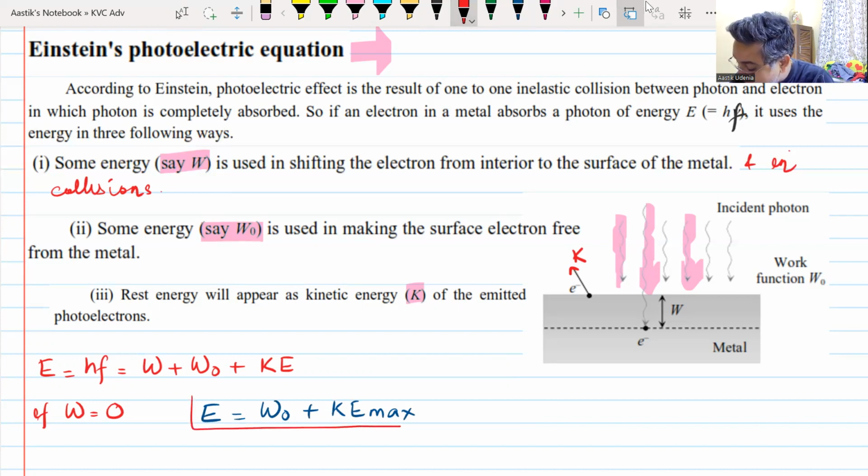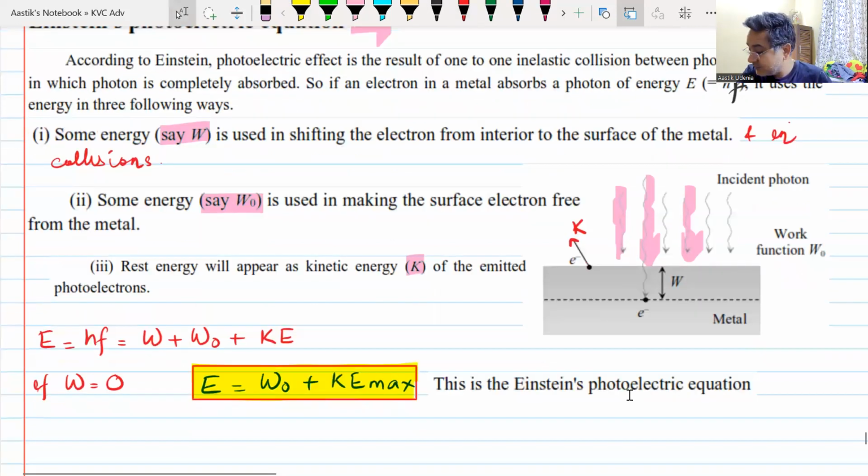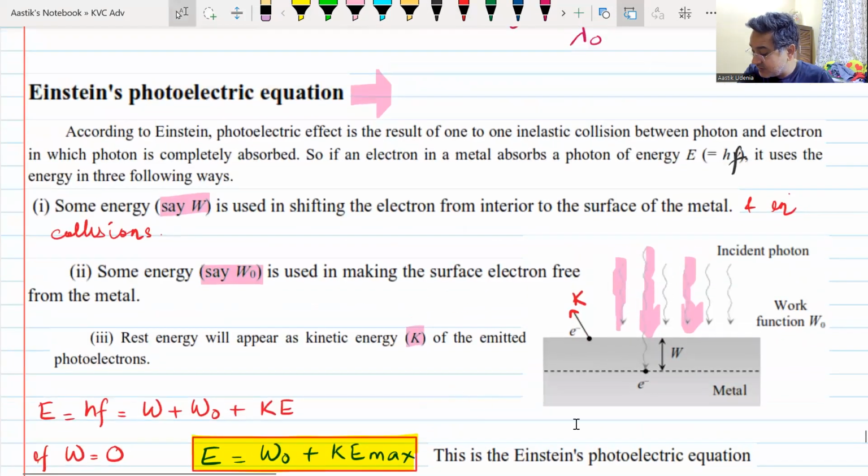Because the entire energy is utilized in overcoming the work function and the rest of the energy is given to the electron. And my dear friends, this equation is known as Einstein's photoelectric equation.